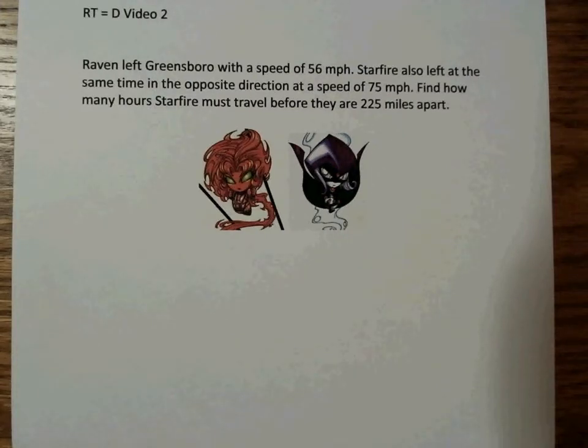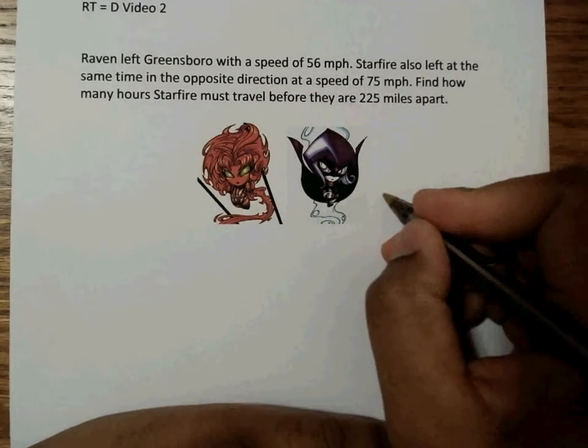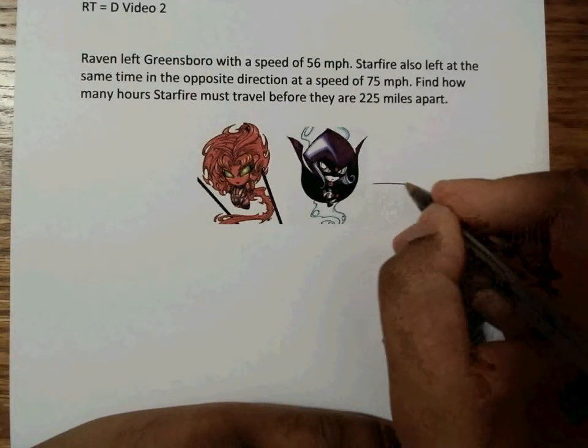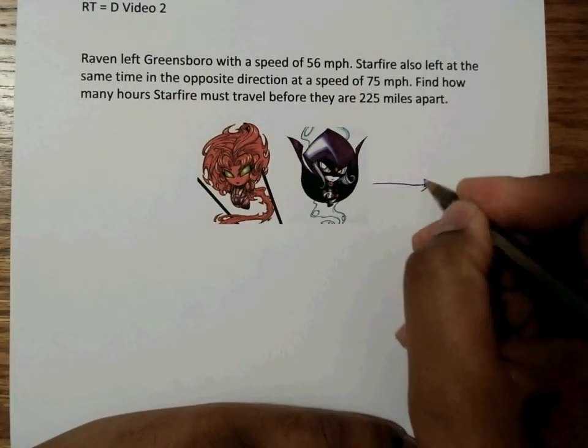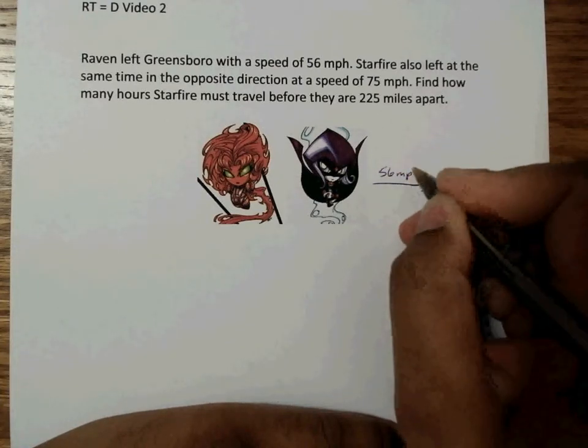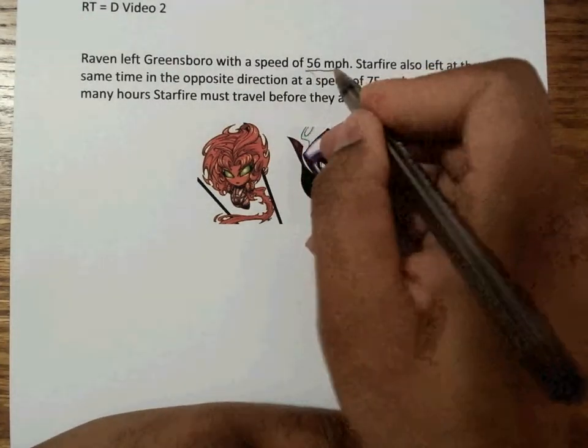In this problem we have Raven, who left Greensboro with a speed of 56 miles per hour. I'm going to put down some of this information as we go. So she's leaving Greensboro and she is going 56 miles per hour, and we get that from our first sentence.